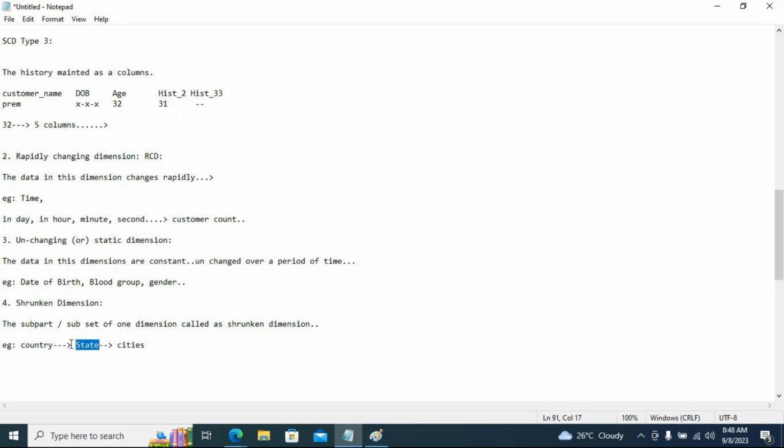Here, state is a shrunken dimension to country, cities are a shrunken dimension to the states. So it is hierarchy level information, simply we can say. Such type of information we can call a shrunken dimension.